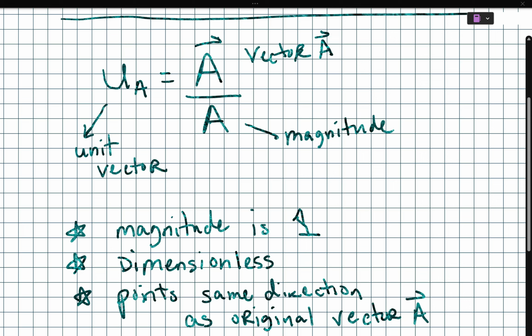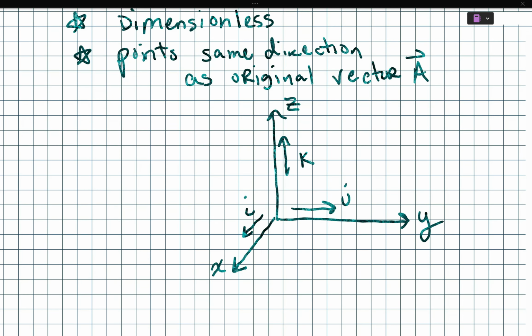A unit vector is dimensionless, and a unit vector points in the same direction as the original vector A. The unit vectors in the Cartesian axes system are i, j, and k. So they're the unit vectors along the positive x, y, and z axes respectively.